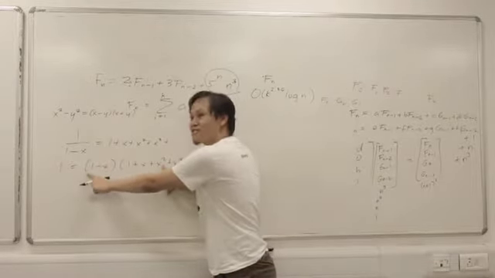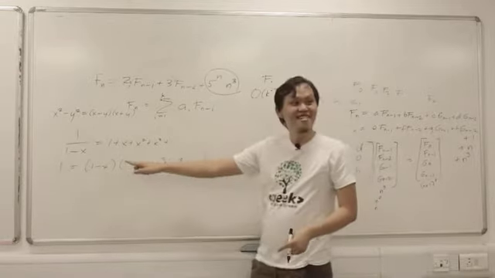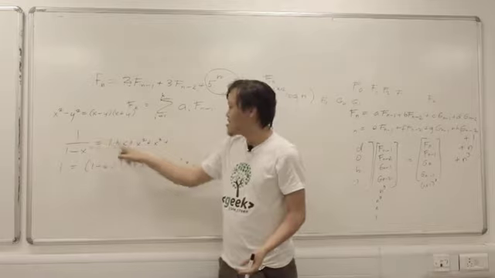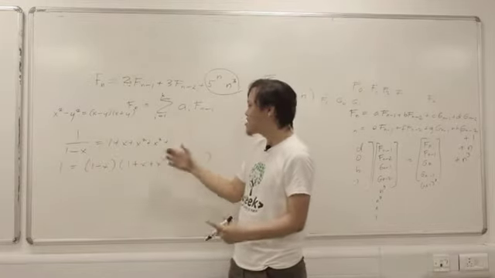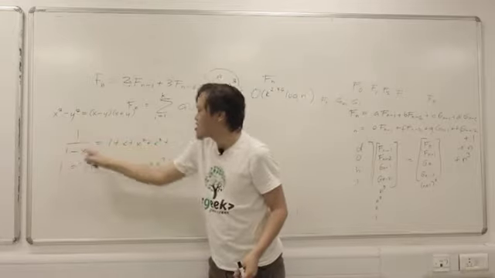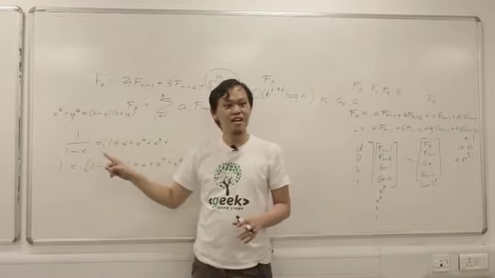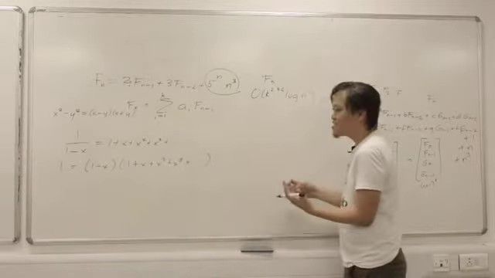Minus x squared plus x squared, so it cancels out. In fact, everything else cancels out except 1. So that's what we mean when we say this is this. Okay, we're saying that the inverse of this expression is this expression. And x is not a number here. Okay? So at least that's clear.